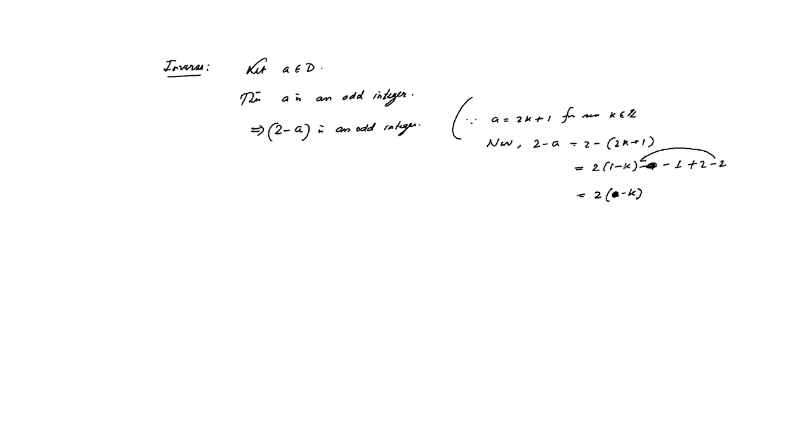If I take common 2 and plus 1, we can write it in the form 2m plus 1. So this is also an odd integer.